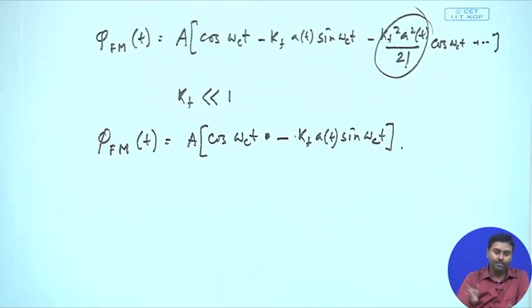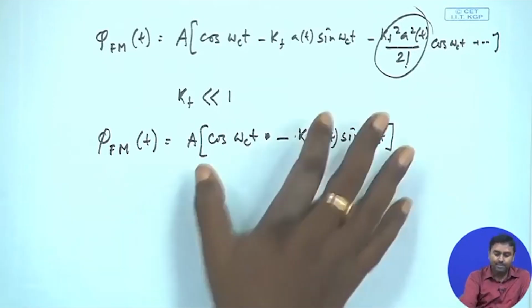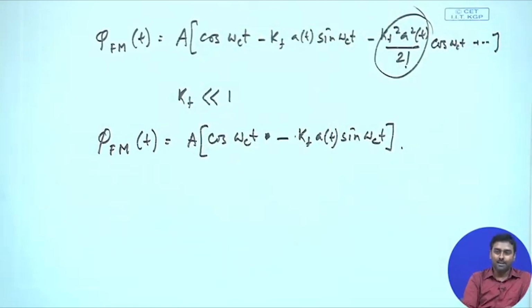Later, when we draw the FM phasor diagram, you will probably understand this. Right now we are not trying to prove that part, but this faithfully represents the above one, which was according to us the FM signal. We could at least prove that this does not have too much amplitude variation.